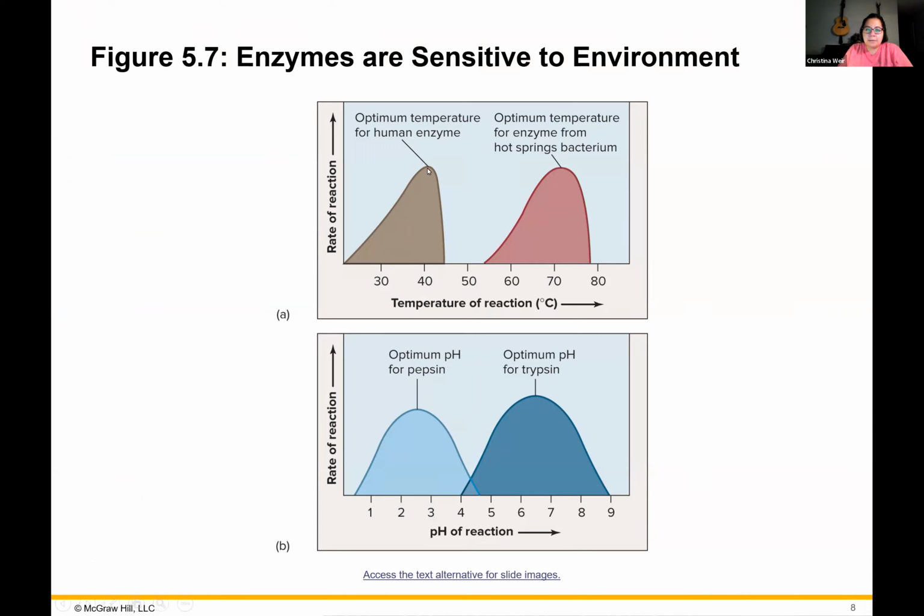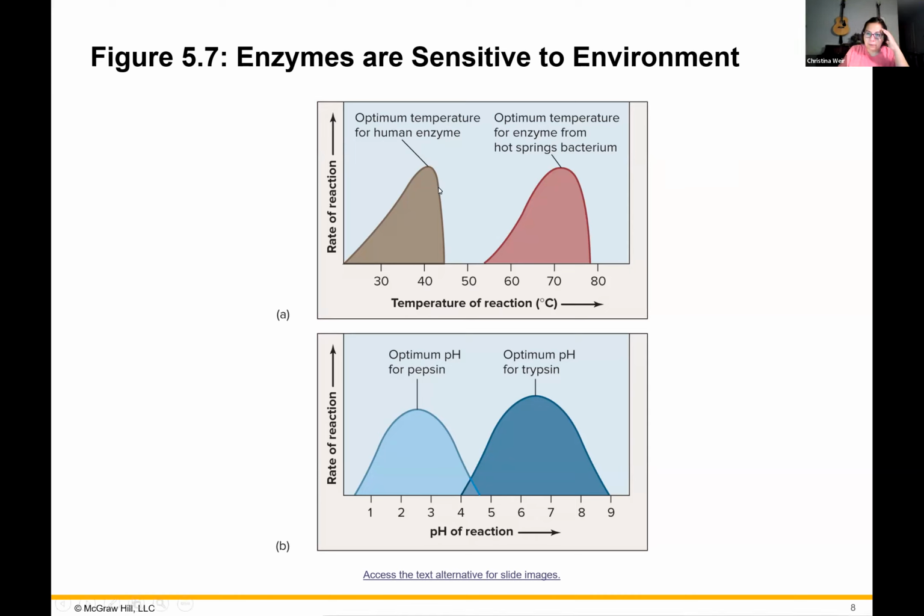Once you get higher than 37 degrees Celsius, look how sharply the function falls down. So as soon as we go past the top of this graph, our enzymes denature. This is why high fevers for a prolonged period of time can be so dangerous, especially for the hottest part of your body, which is your brain, because it is literally the most metabolically active organ in the body.